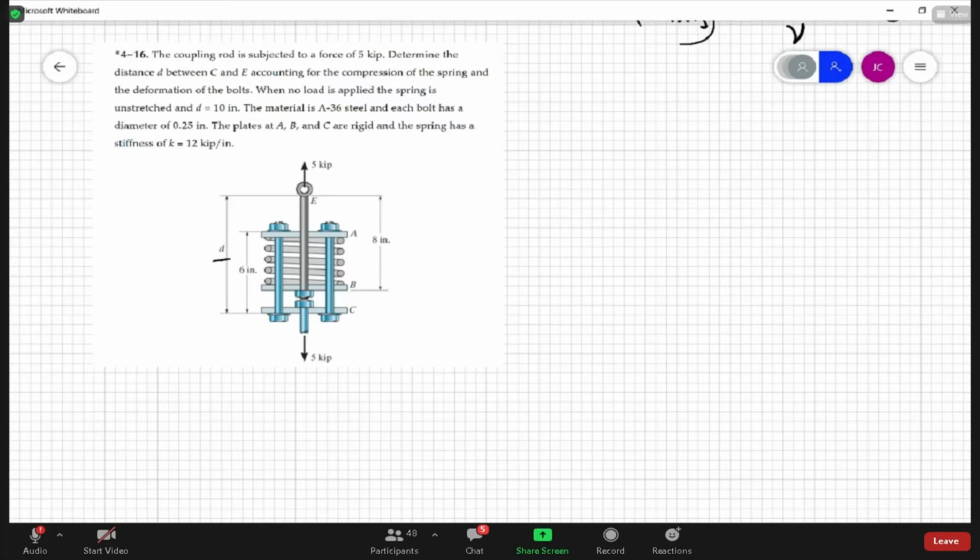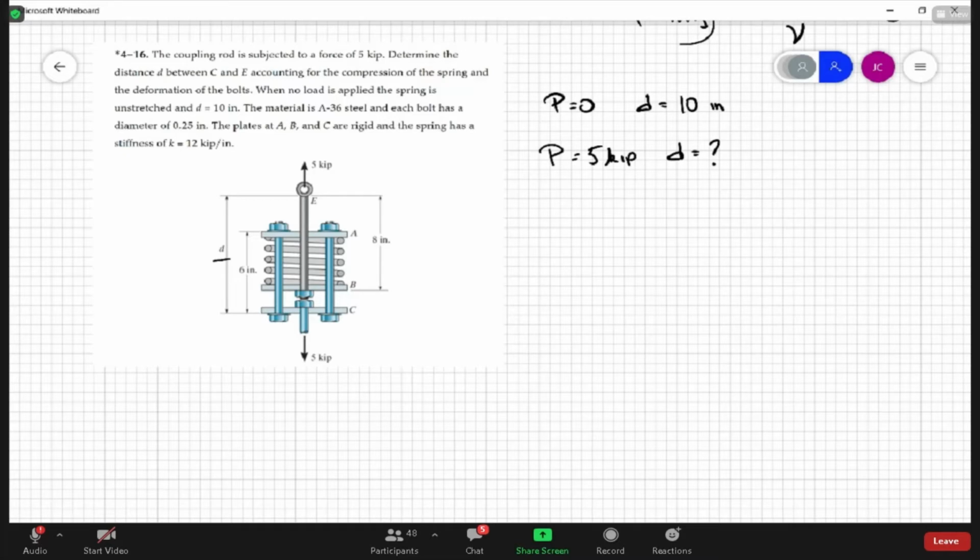So when no load is applied, when the force is 0, we know that D, the unstretched length, is 10 inches. And they want to know what D is after the load is applied. With 5 kips, after it's deformed, what's D? So what's going to happen here?